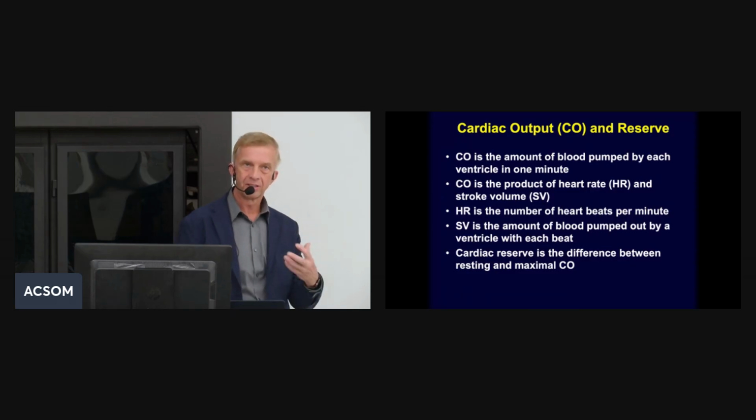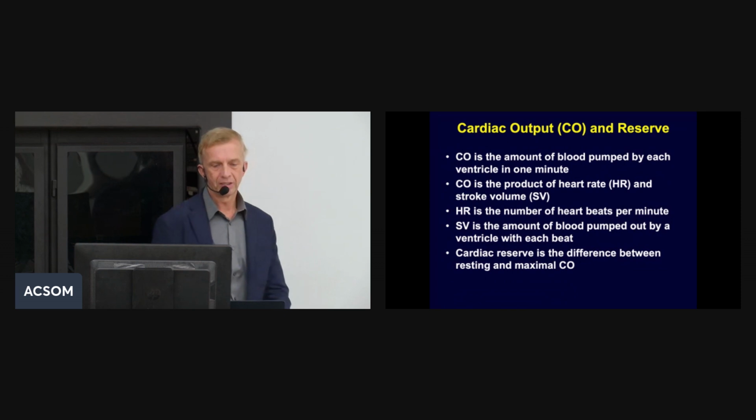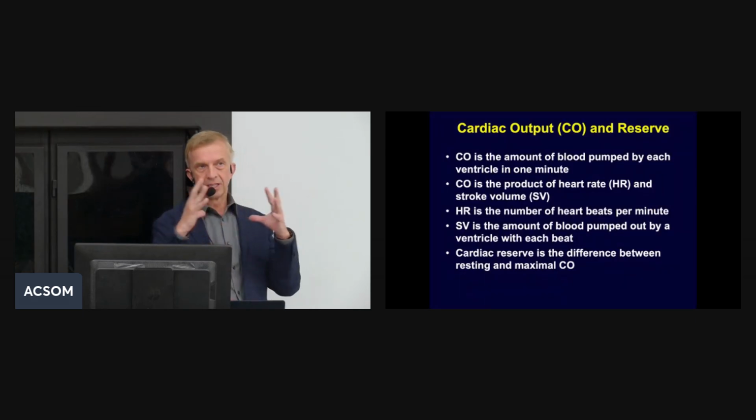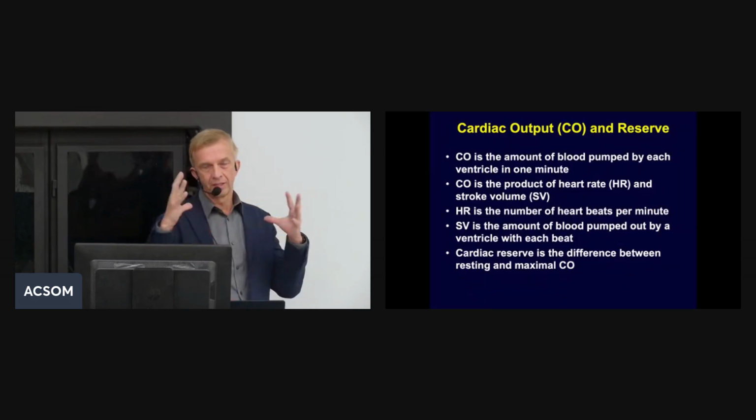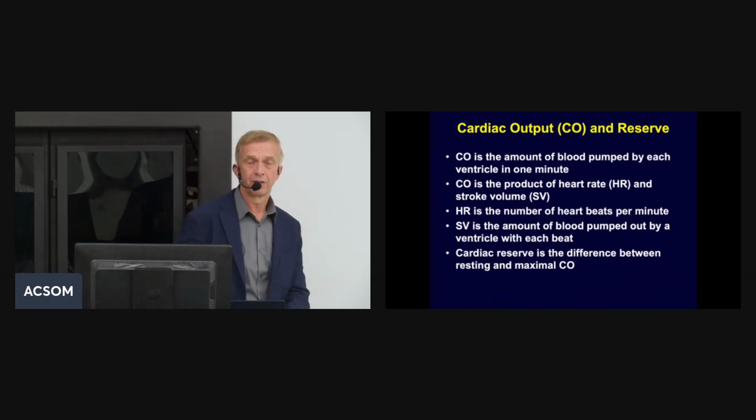There is an increased time for filling of the ventricles, right? With these slow heart rates, they are still able to generate the same cardiac output because they have higher stroke volume. If there is an increased volume, the cardiac muscle cells are more stretched, and we'll talk about the Frank Starling curve.